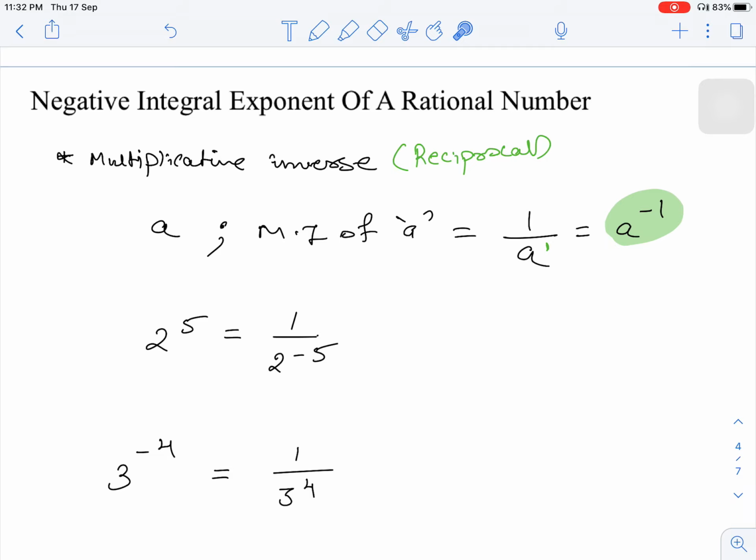Okay, let us consider some examples. Here we have the number 2 raised to 5. I want to write this number with a negative power. So to change the sign of the power, I just have to take its reciprocal. So 2 raised to 5 can be written as 1 upon 2 raised to minus 5.